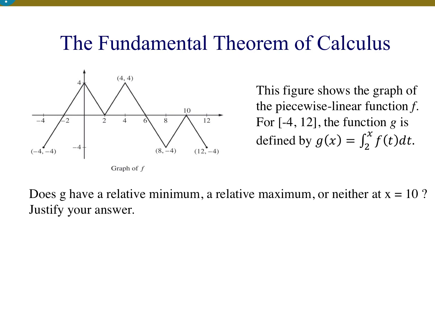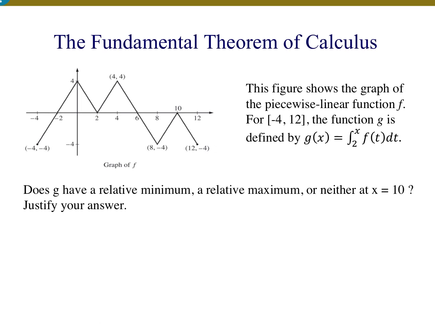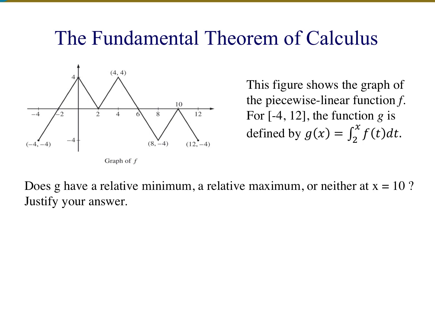So let's look at what's going on at 10. Okay, what would it require to have a relative min or max or neither at 10? That there must be some kind of change.